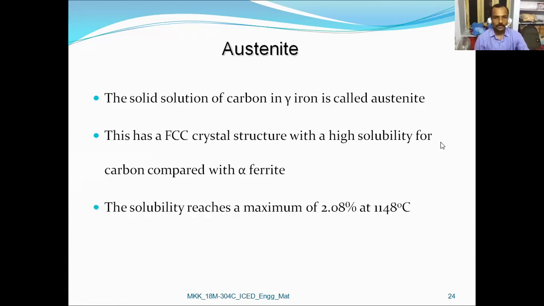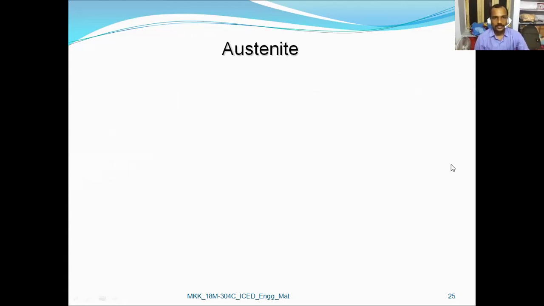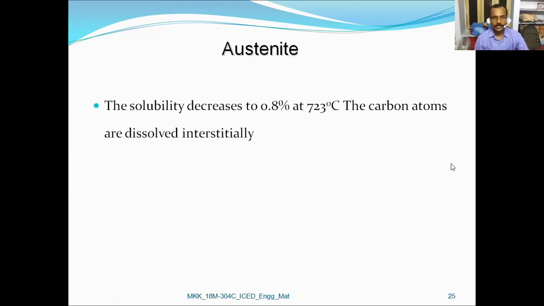The solubility reaches a maximum of 2.08 at 1148 degrees centigrade, and decreases to 0.8 percent at 723 degrees centigrade. The carbon atoms are dissolved interstitially.